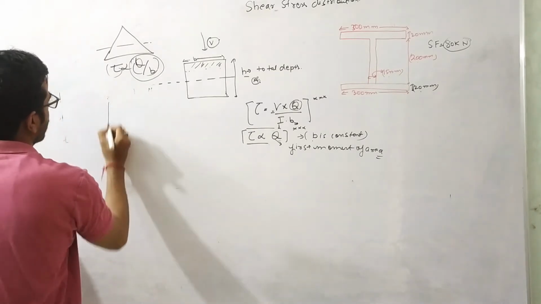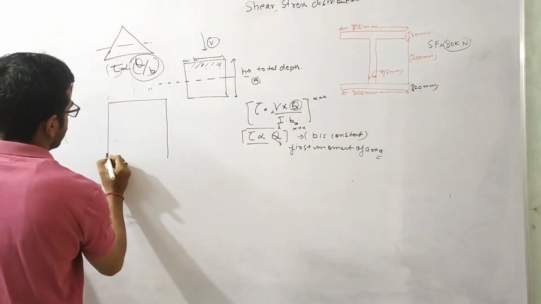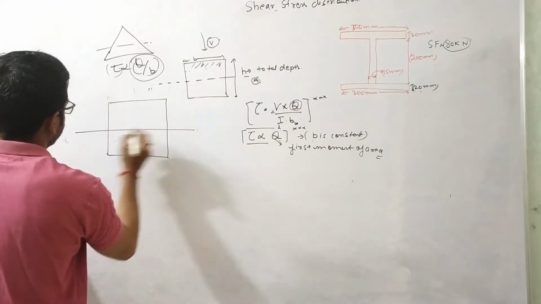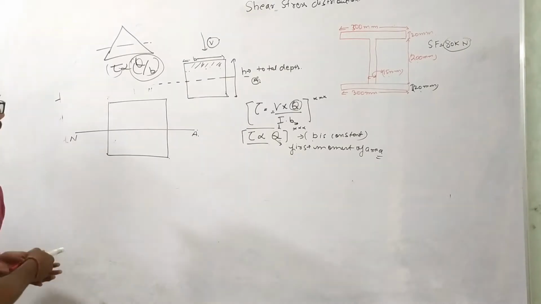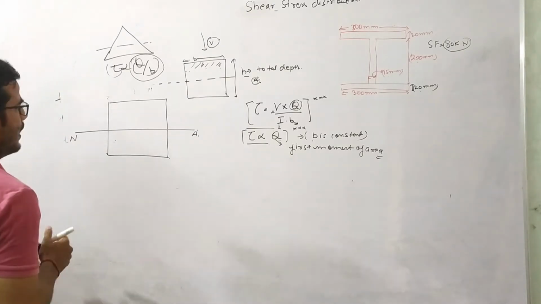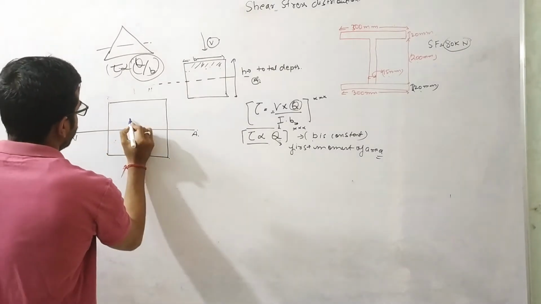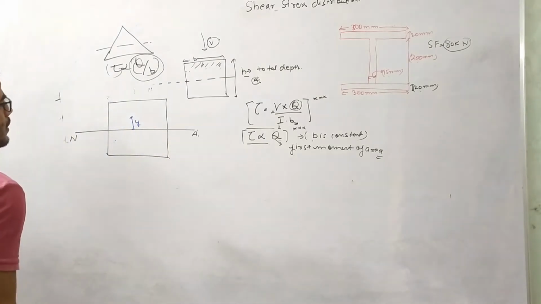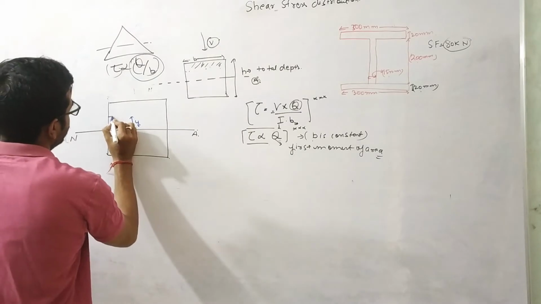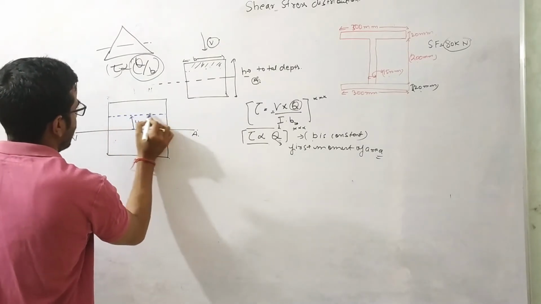Now we'll take this cross section over here. This is my neutral axis. I'm taking a level at a distance y, and I need to find the shear stress distribution at this level.